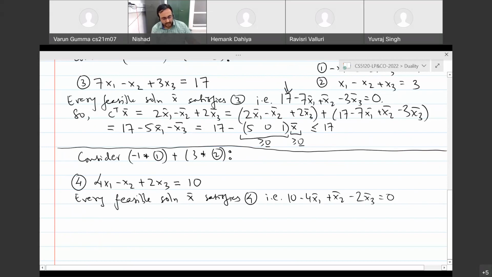Right? So the value of the objective function C transpose x bar, which we know is 2x1 bar minus x2 bar plus 2x3 bar, I can add 0 to it, why not? So that's what I will do.